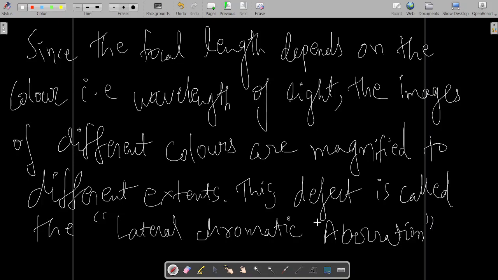This effect is called the lateral chromatic aberration. Okay, so for example, your red color will be magnified larger. Okay, for example, let us write over here.